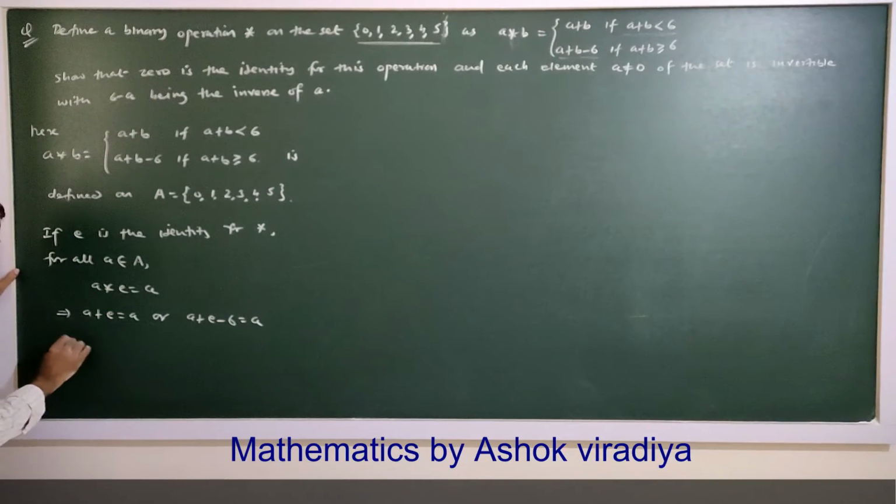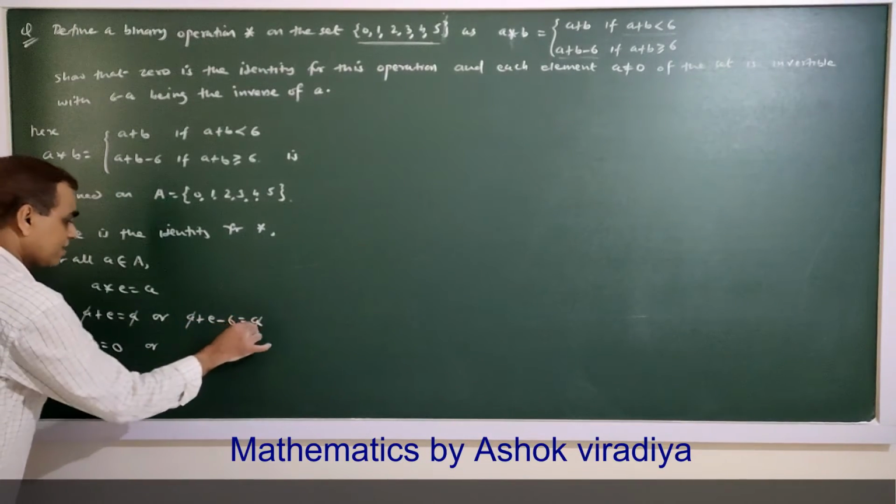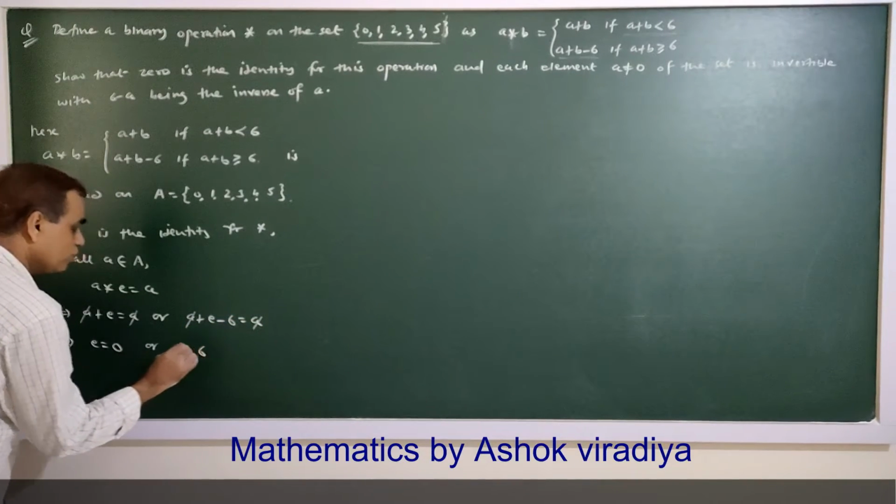So this means here E equal to 0, this is cancelled, or here A cancels, so here E equal to 6.